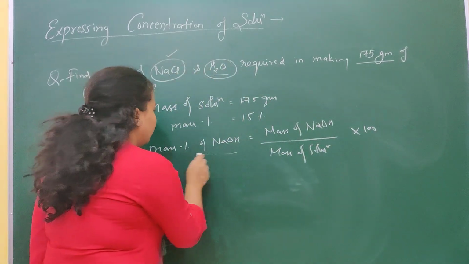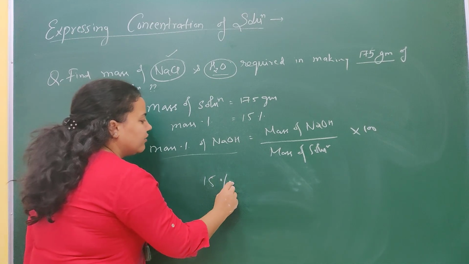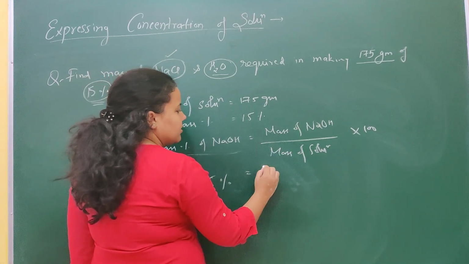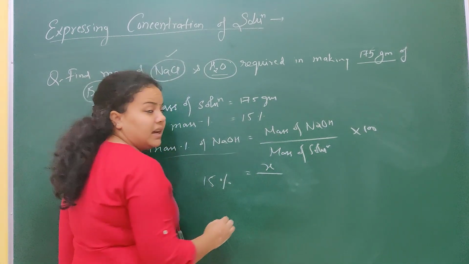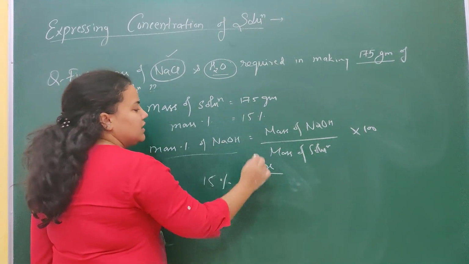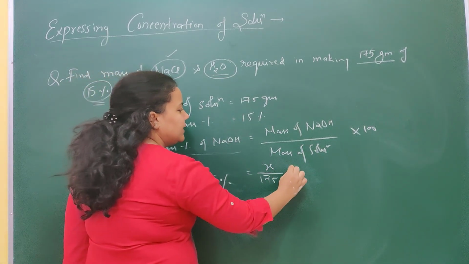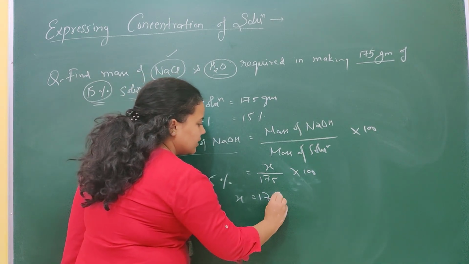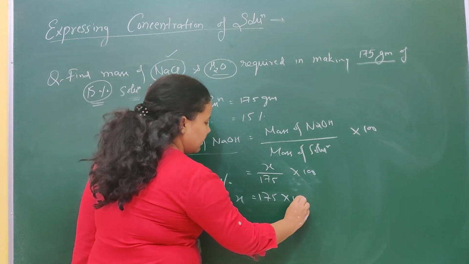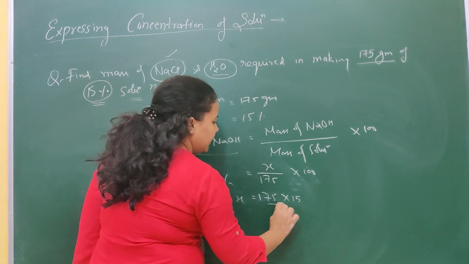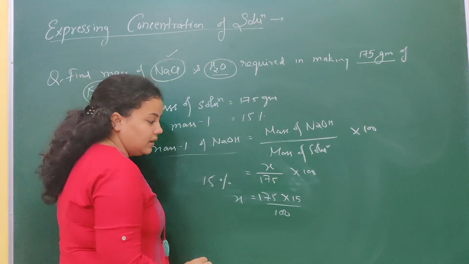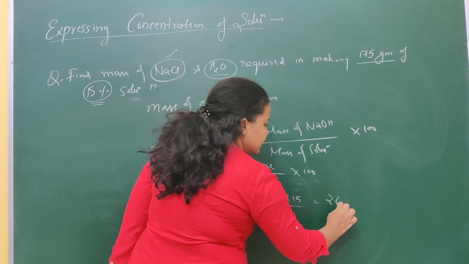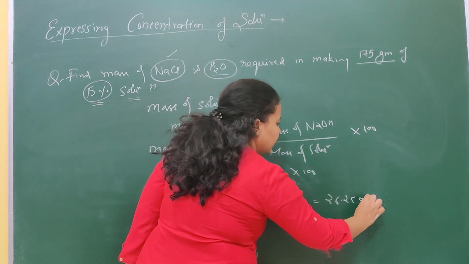So here we know the mass percent, how much is given? 15%. The mass of NaOH is not known to me, I'll take it as X. Mass of solution they have given you as 175, into 100. So the value of X will come as 175 into 15 upon 100, which comes as 26.25 grams.